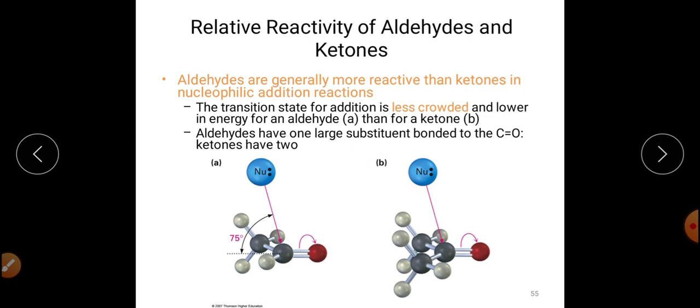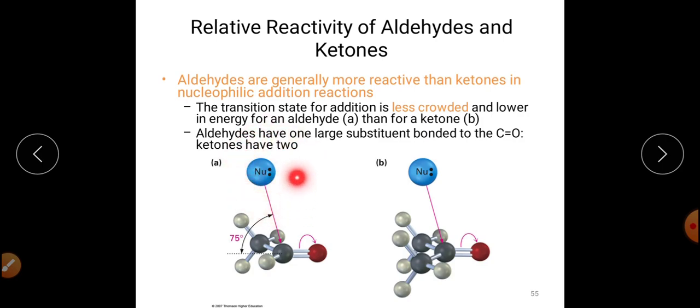Now this is the diagram by which we can easily see how the bulky group tend to hinder the carbonyl carbon. This is a case of aldehyde, and this is a case of ketone. We can see that this is carbon, this black, this is hydrogen, this is hydrogen, and this is hydrogen.